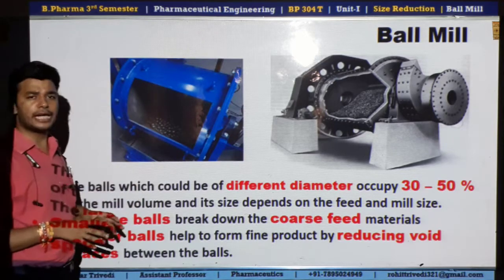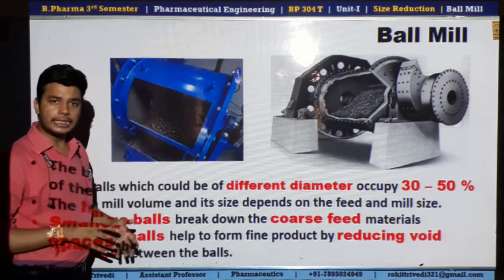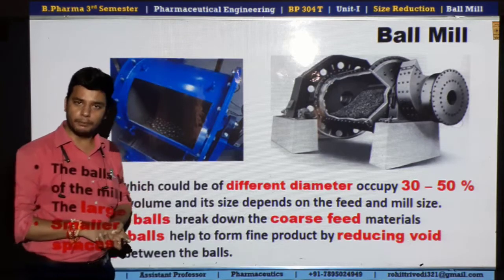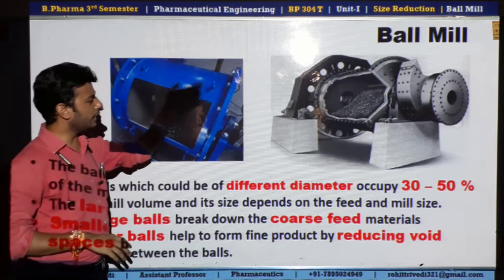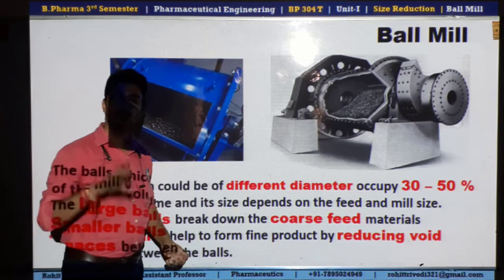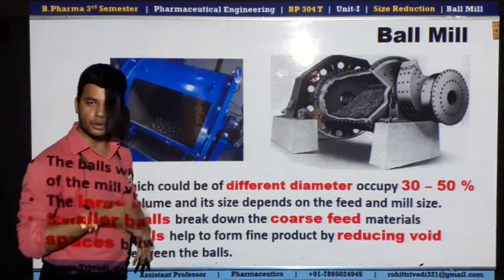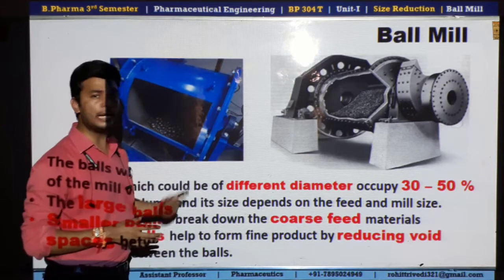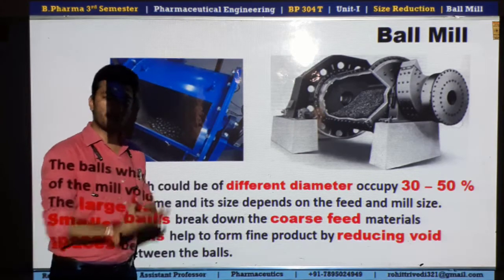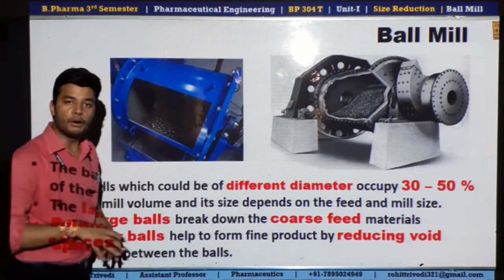The balls used in a ball mill or pebble mill may vary in size; we use different sizes of balls. Generally, the material and the balls together occupy almost 30 to 50% of the total volume of the ball mill, so there should be an empty space for the movement of the material we have inserted into the ball mill.